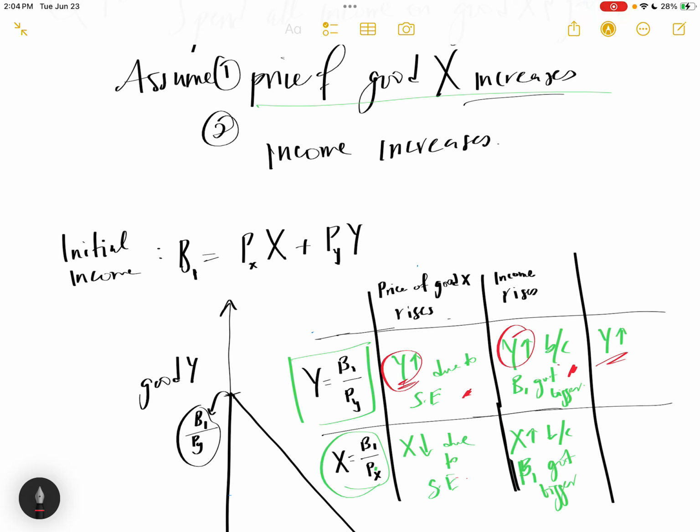Now, for X, in the first scenario, when the price of X went up, the units that one could purchase went down for X. But in the second scenario, when income increased, the units that one could purchase for X went up. So which of these effects dominated? We don't know. So ambiguous.